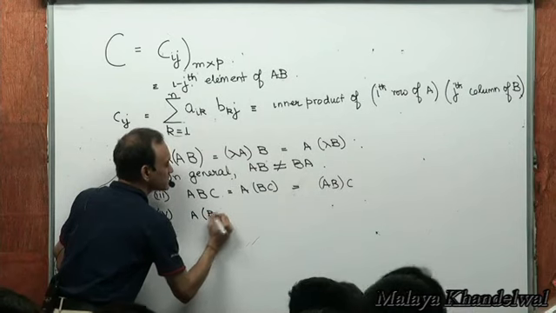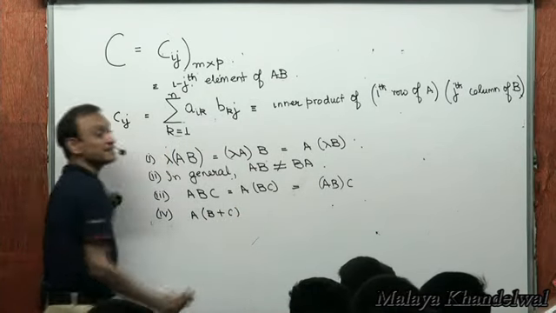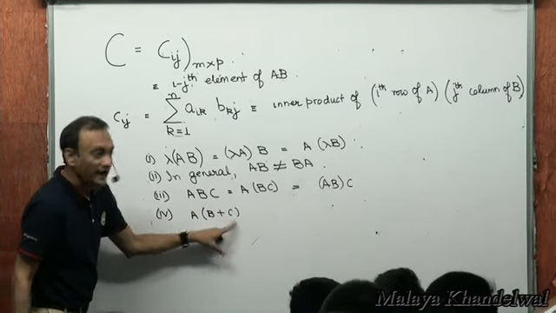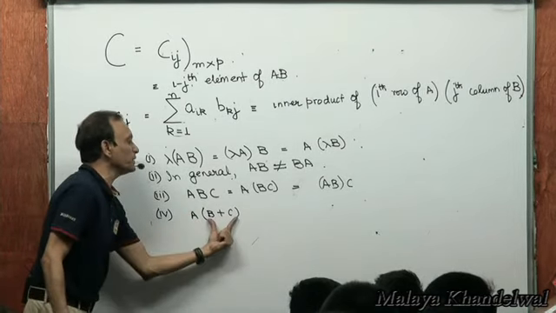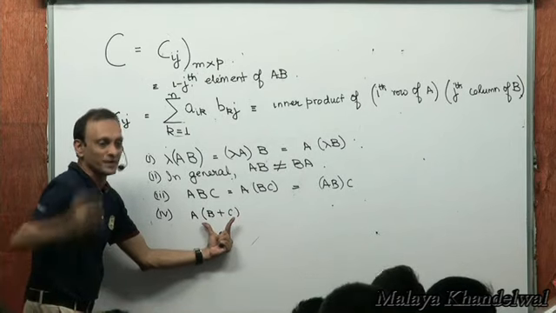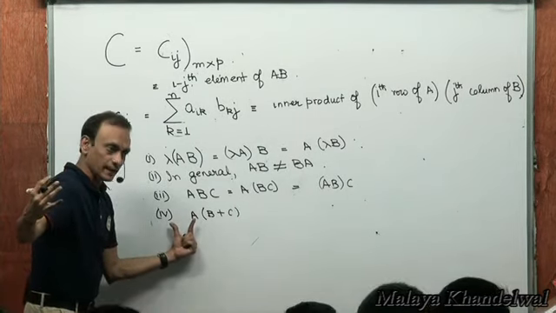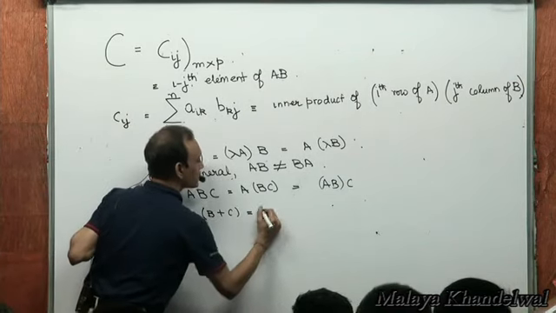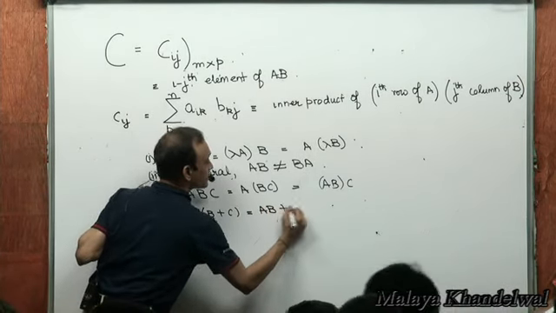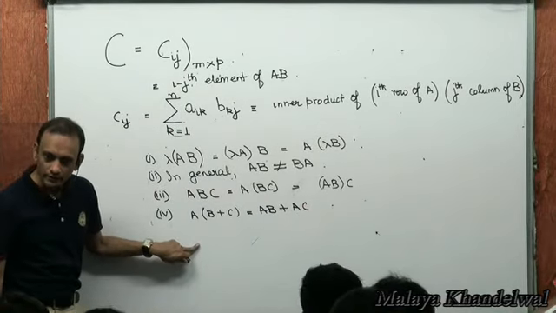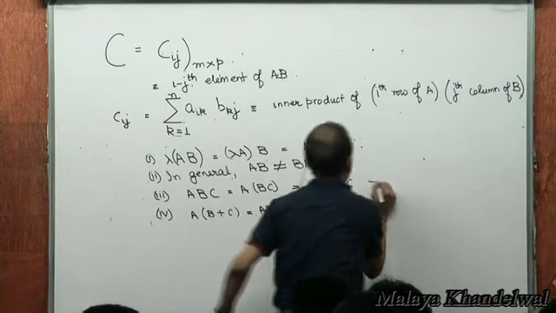A into B plus C, assuming B and C can be added. If they are matrices of the same order, they could be added. And then A into B plus C is a possible multiplication. B plus C would be a matrix which could be multiplied with the matrix A. This is AB plus AC. This property is distributive. Distributive property, right? This is associative.